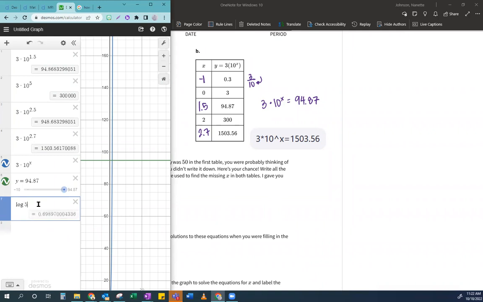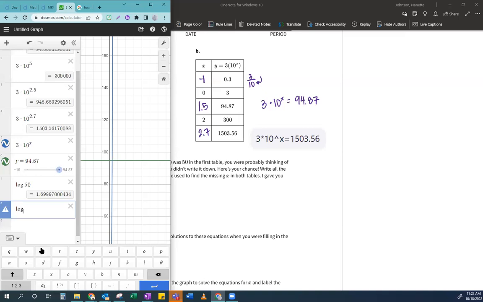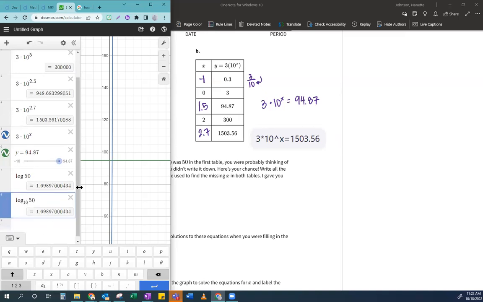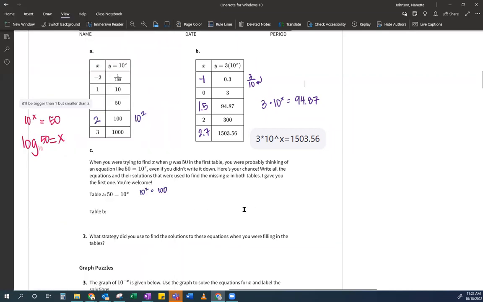So you want me to put log 50, Ms. Johnson? Yes. Just for fun, let's put log base 10 to prove to you all that this is really log base 10. See, same answers, same Z's, yes? Because these are the same, that means we did it. So that's my last way of doing it, converting my exponentials into logs.